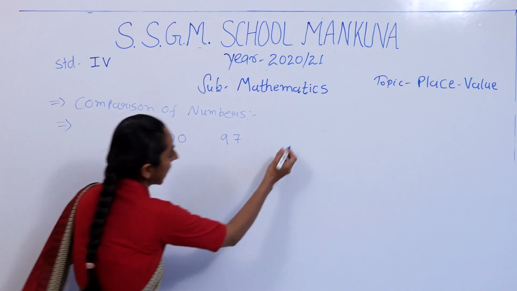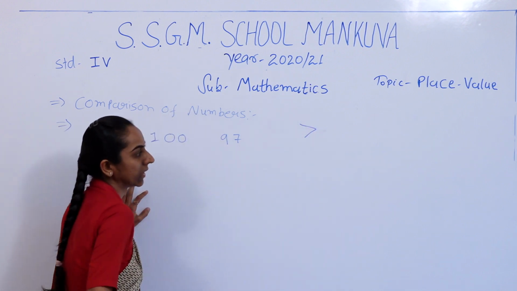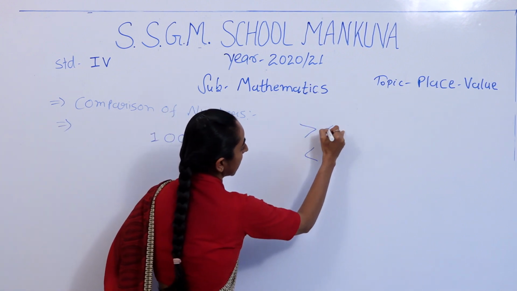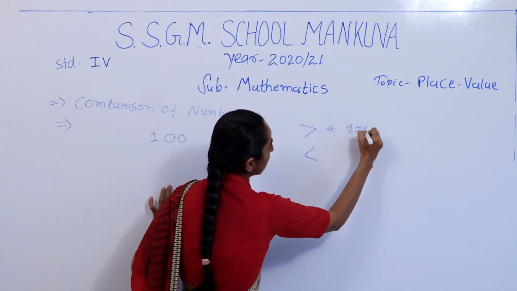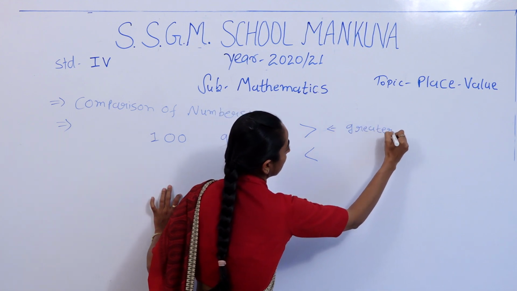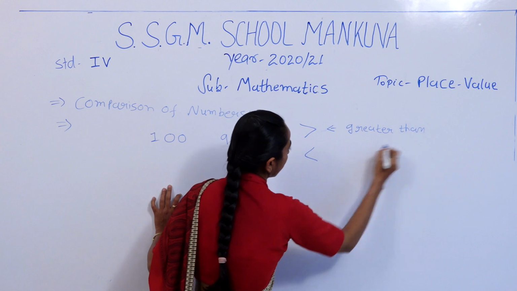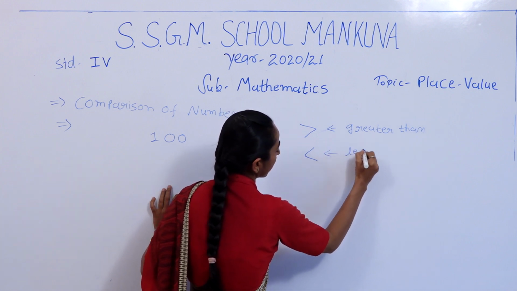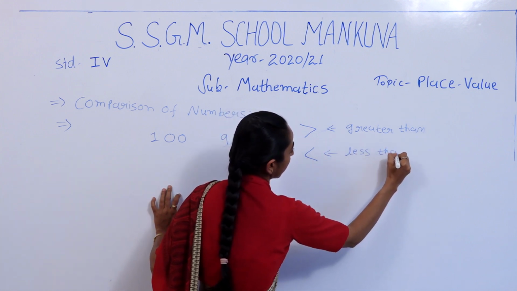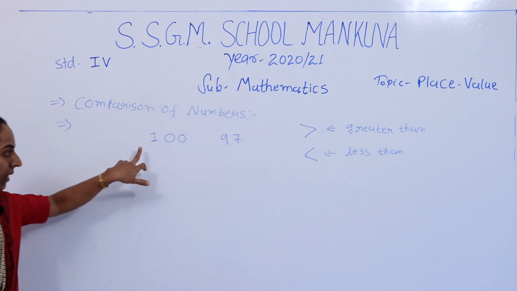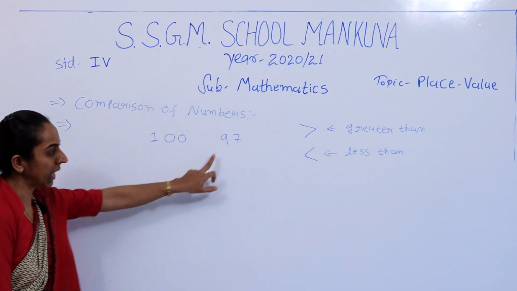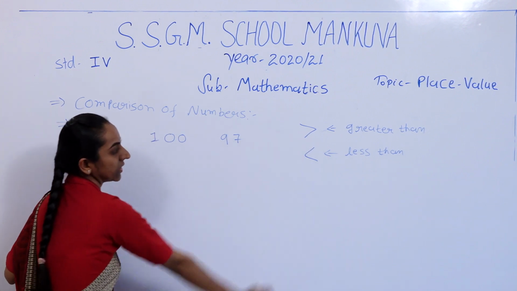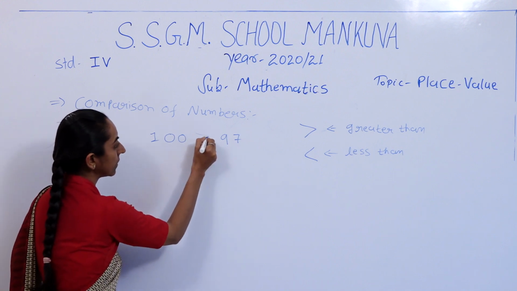You know that this sign is greater than and this sign is less than. हंड्रेड है वो 97 से बड़ा है तो we use the sign greater than.